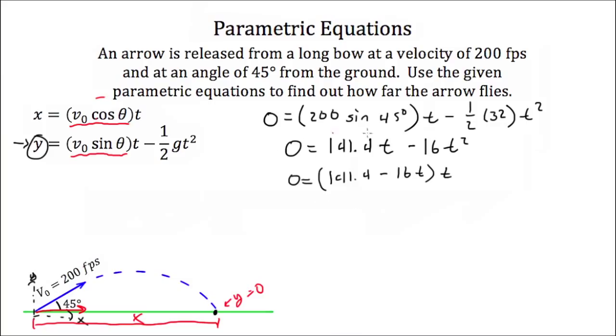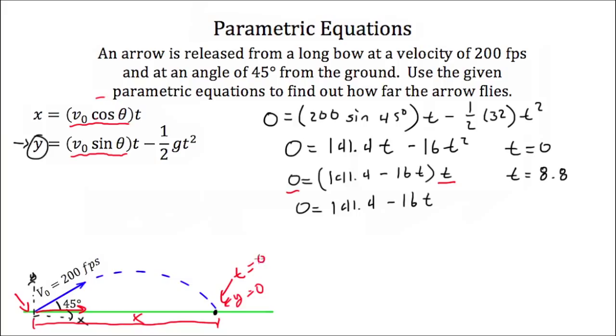This is factored, which means t can be equal to 0. Or I can say that 141.4 minus 16t is equal to 0. And if you solve that for t, this will come out to be about 8.8. Well, we know at t is equal to 0 or time equal to 0, we would be at this point, which means this other point must be when t is equal to 8.8.